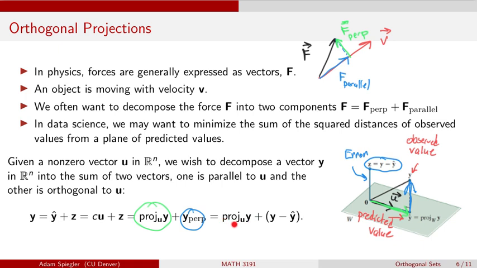The projection of y onto u, that's the component of y which is parallel to vector u, plus this error term, which is this vector right here, which is perpendicular to u, and that vector is equal to y minus y hat. In the context of data science, this is saying the observed value minus the predicted value, so this is actually telling us the error in our prediction.